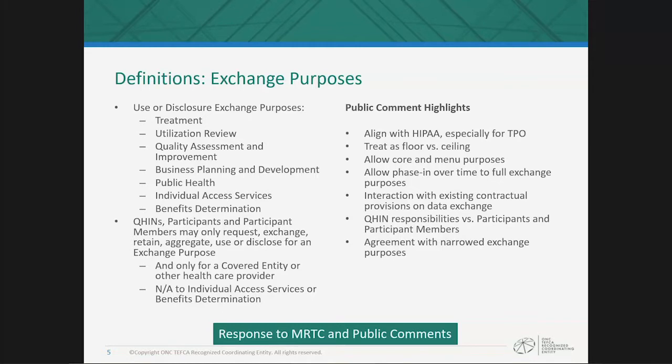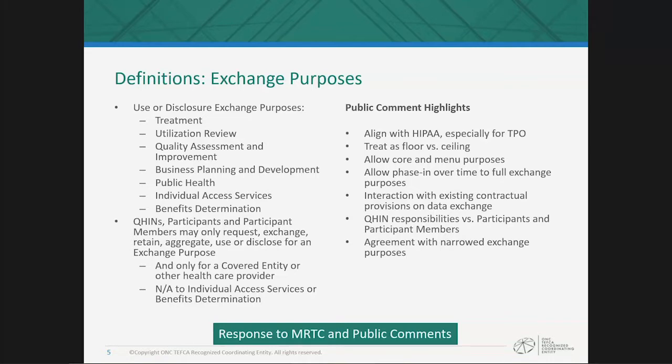Okay, so we're assuming that you've read the MRTCs, so we're not going to read it to you. What I'll be doing on the left-hand side of each slide will be a summary of the MRTC language in draft 2, and then on the right-hand side will be a select summary of the thematic aspects from the public comments.